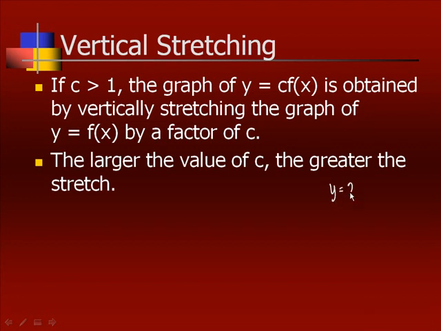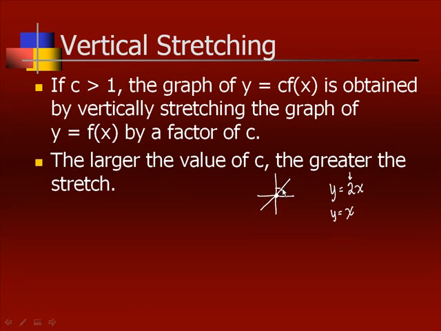For instance, y equals 2x. What we do is we consider the graph y equals x, which was our identity function. Y equals 2x means c is 2, so for every y value, we're going to change it to that times 2. So 0 times 2 does not change.